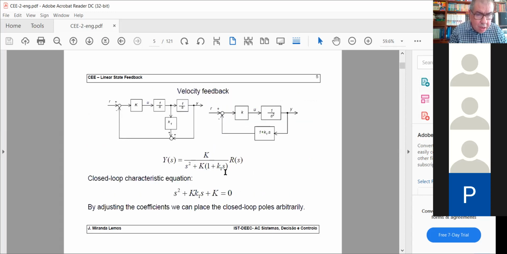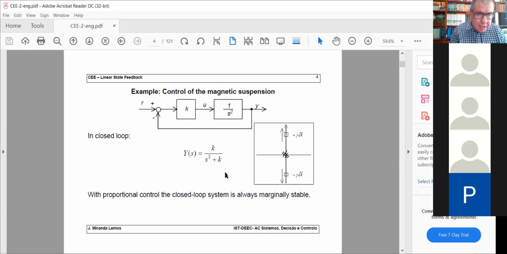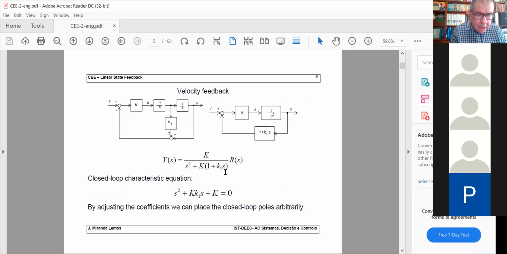Remember, suppose that I want to impose the poles of the double integrator, and I do a feedback of these states. So what I do is I compute this, my alpha K here.